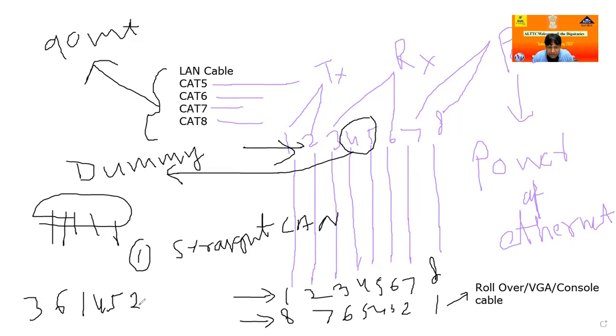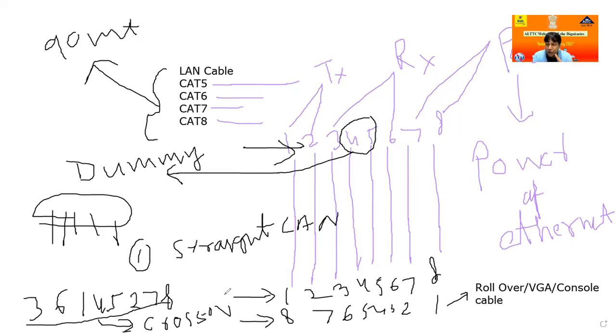So just transmit and receive are interchanged. Such a type of cable is known as the crossover cable. Now we have three types of cable: straight, crossover, rollover, and VGA a different type. For communication purposes, only crossover and straight cables may be used. Now it is very clear.